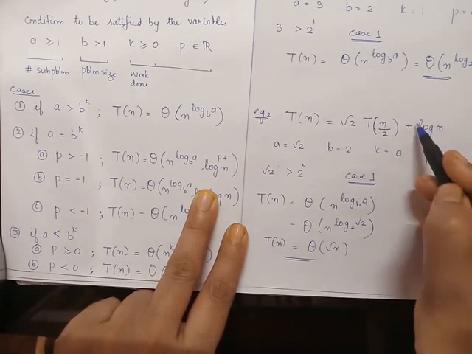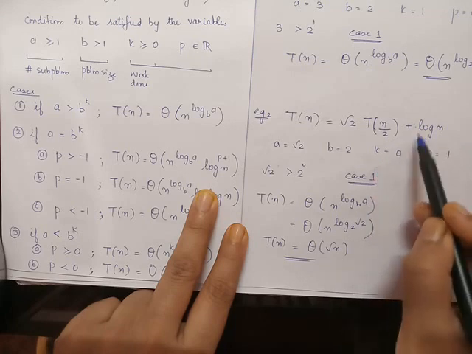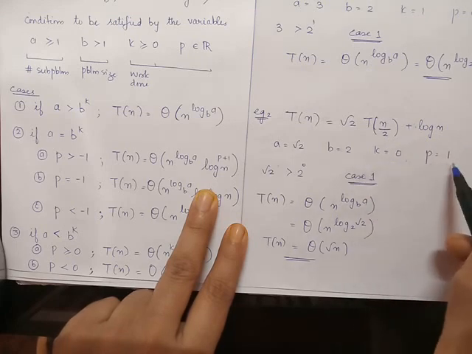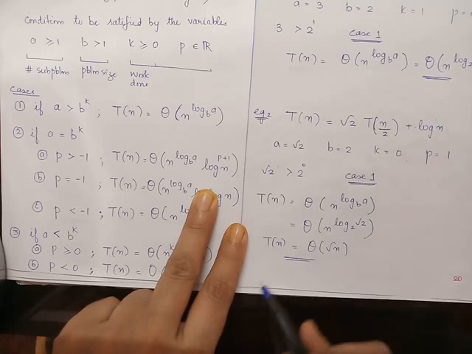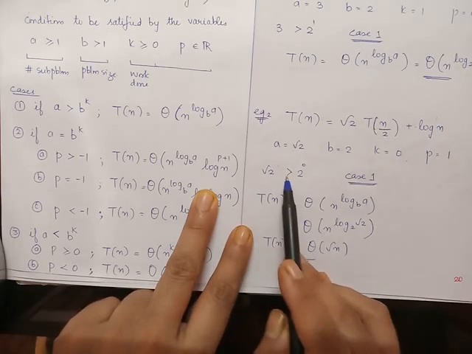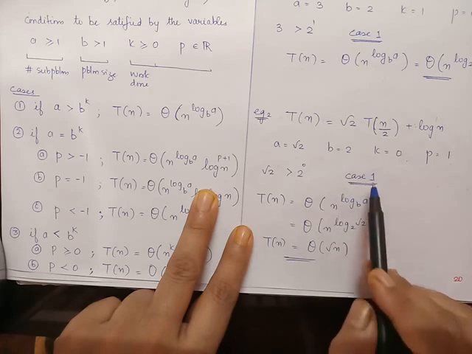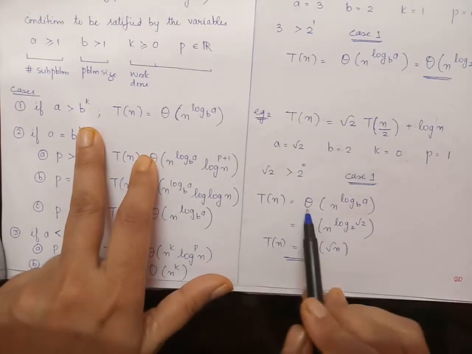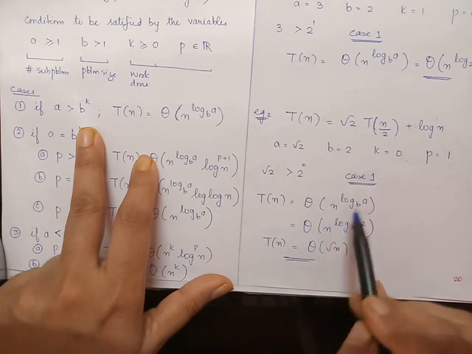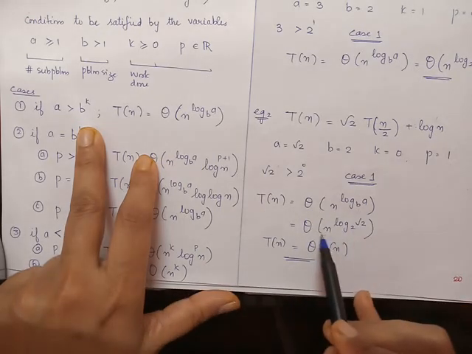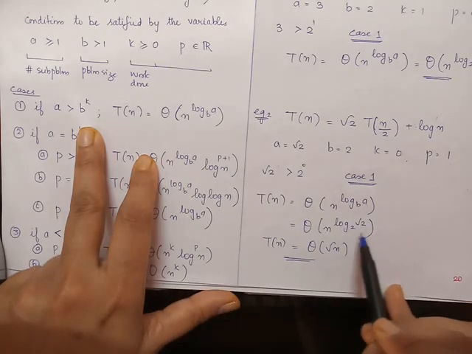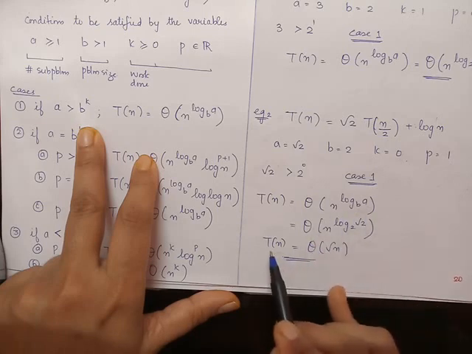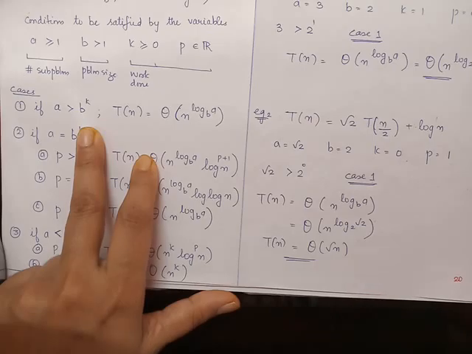So 1 into log n, from that we can very easily find that k is equal to 0 and p is equal to 1. Now root 2 is always greater than 2 raised to 0. Hence we are in case 1. So T(n) is equal to theta of n raised to log a to the base b, which is n raised to log root 2 to the base 2. Here we can rewrite it as T(n) is equal to theta of root n.